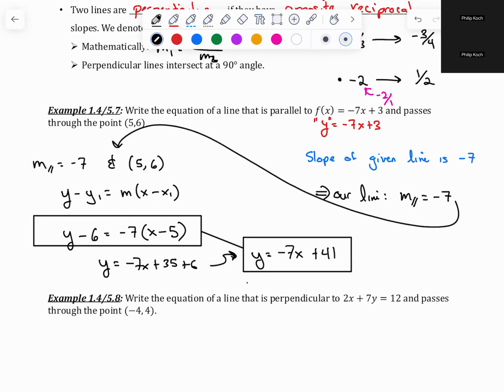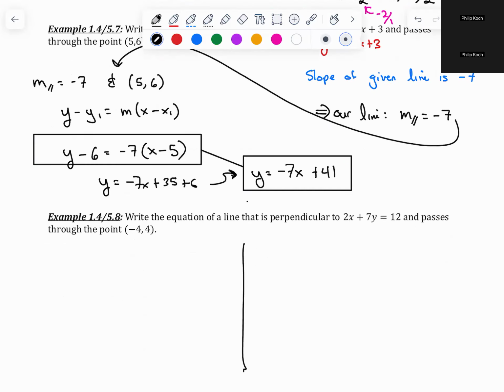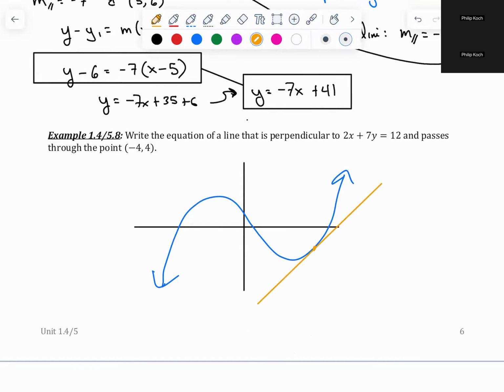because in future math courses, in calculus, this is just something that you're going to have to do. In calculus, you're given a curve, let's say it's like that, and you want to find a line that is tangent to the curve right there. So when you find the equation of the line, the y-intercept doesn't matter too much.